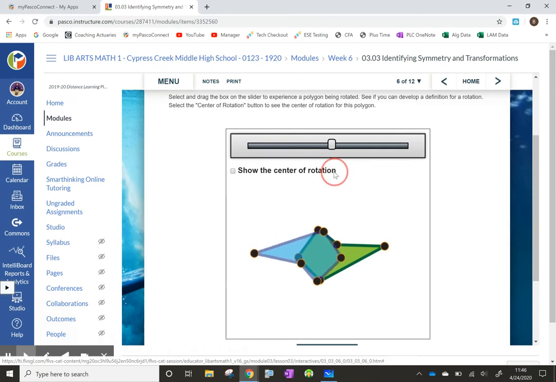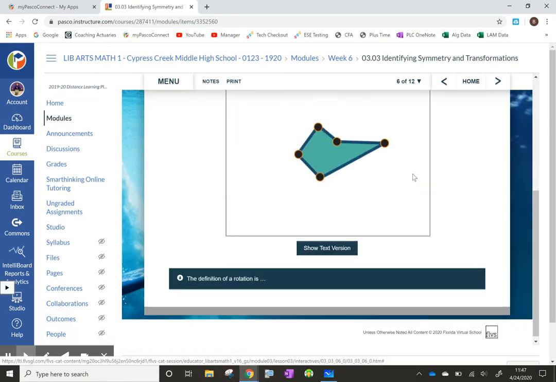Now, notice the difference between a 180-degree turn and a flip. If it was flipped, these would look like a mirror image of each other. But it's not a mirror image, because it still retains that same exact shape, just turned all the way around. And then you have 270-degree turn, and then, of course, back to the beginning where it'd be 360-degree turn.